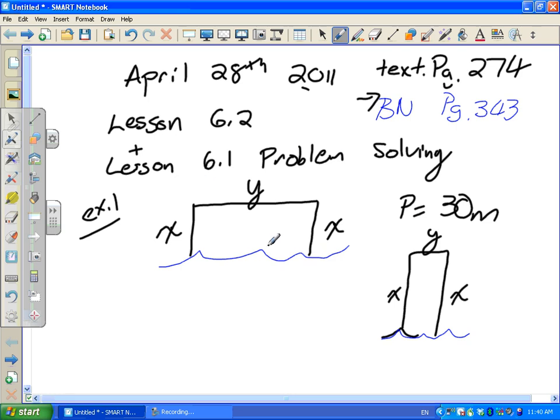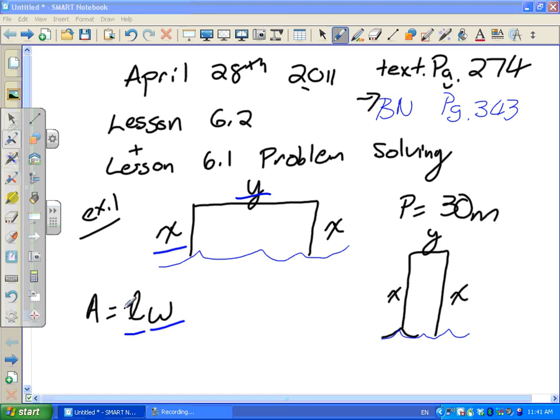In order to find area, what's our area formula? Length times width. So we have our area is equal to length times width, okay? L times W. In this case, we're going to call our length Y. So our Y will be our length, and our width will be our X. So our formula gets changed.